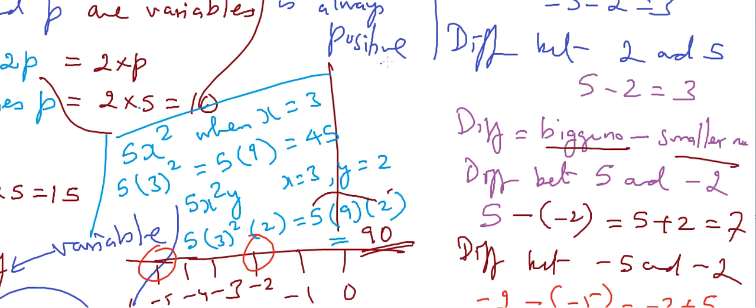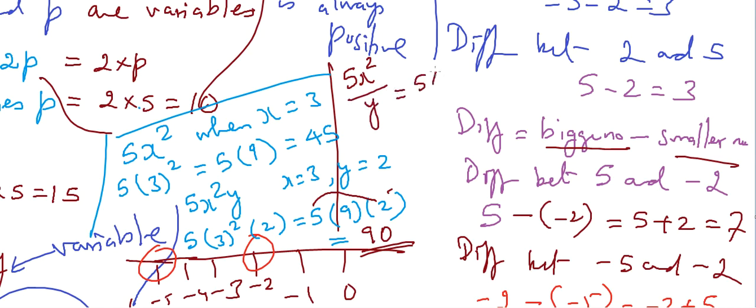Similarly, let's say we need to find 5x square by y, when x is 3 and y is 2.